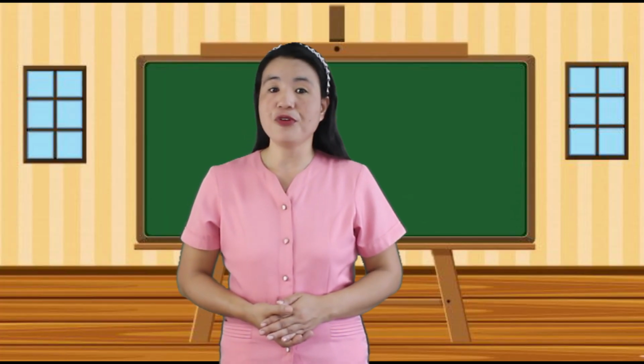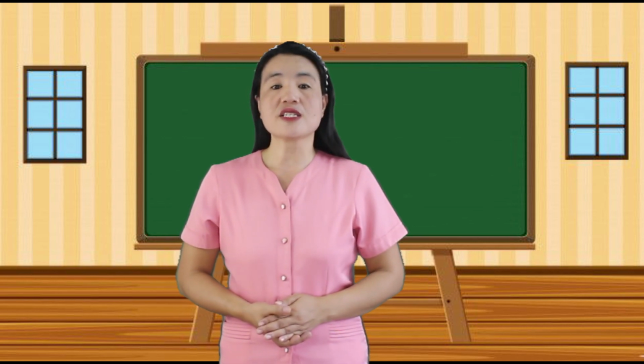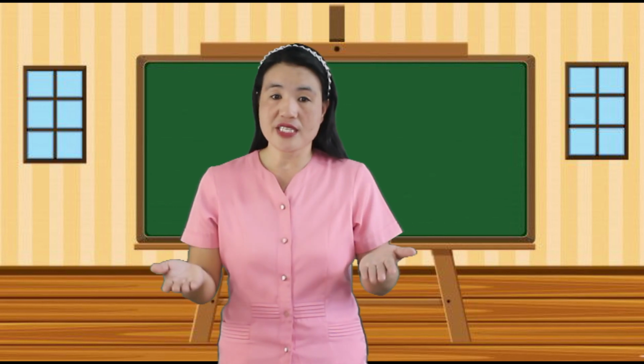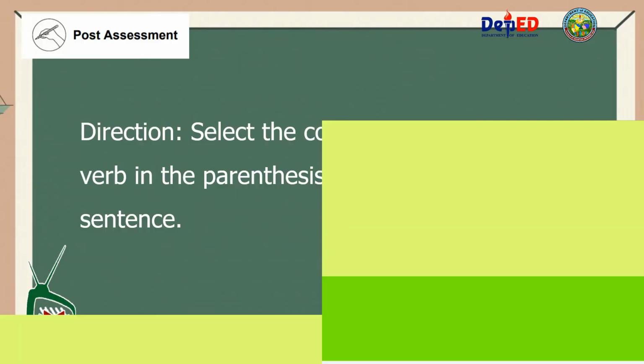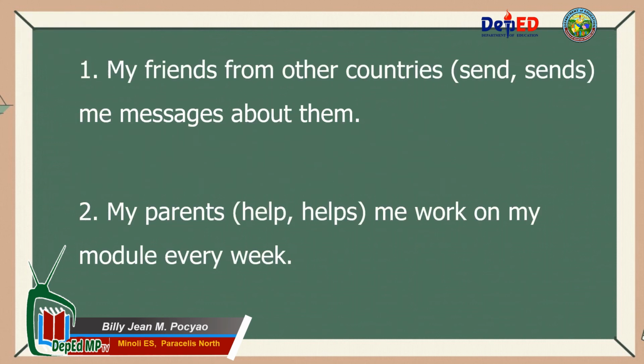To test if you really understood our lesson for today, let's answer the activity in the post assessment. Here is the direction. Direction. Select the correct present tense of verb in the parentheses to complete the sentence. Number 1. My friends from other countries sends me messages about them.